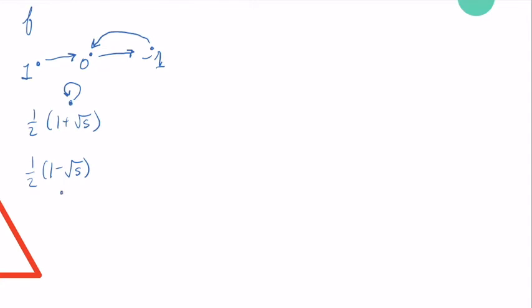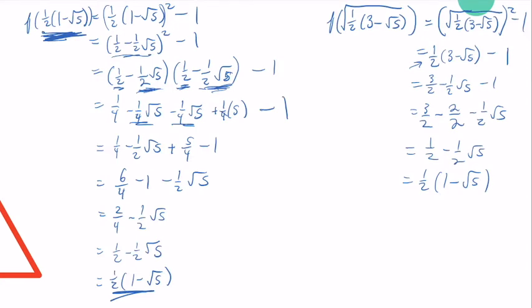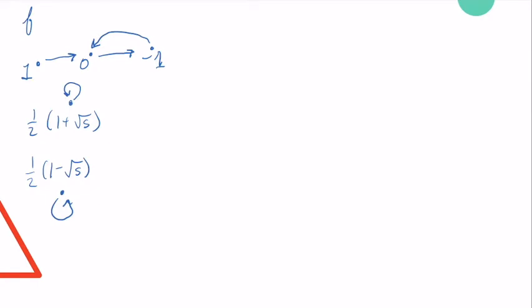And then last but not least, I found that the square root of 1/2 times 3 minus the square root of 5 maps to 1/2 times 1 minus the square root of 5. So let's include that on our graph. It maps to this.